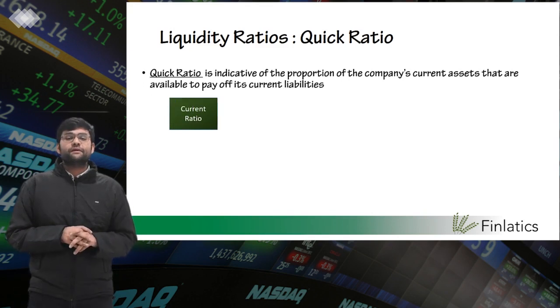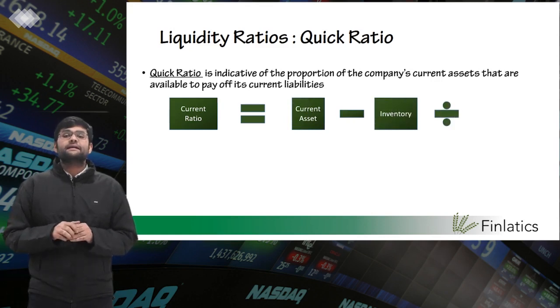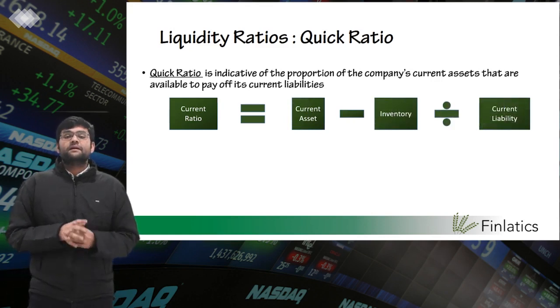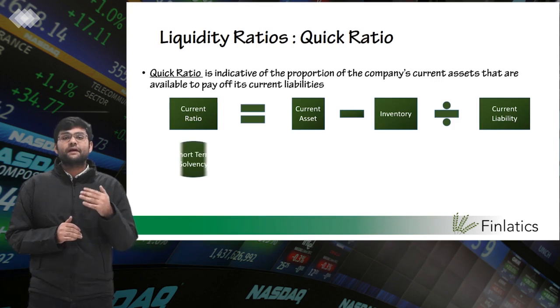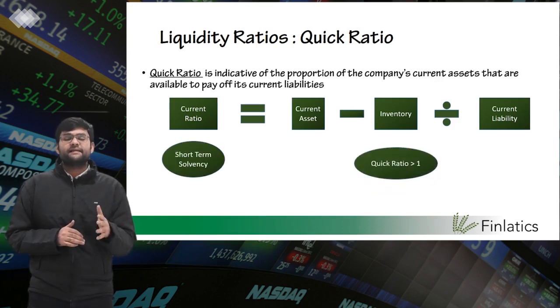Therefore, quick ratio is equal to current assets minus inventories divided by current liabilities. This ratio considers that inventory may or may not be fully sellable and therefore convertible to cash within 1 year. Generally, a higher quick ratio is healthier for the company, and therefore a quick ratio greater than 1 is healthy.